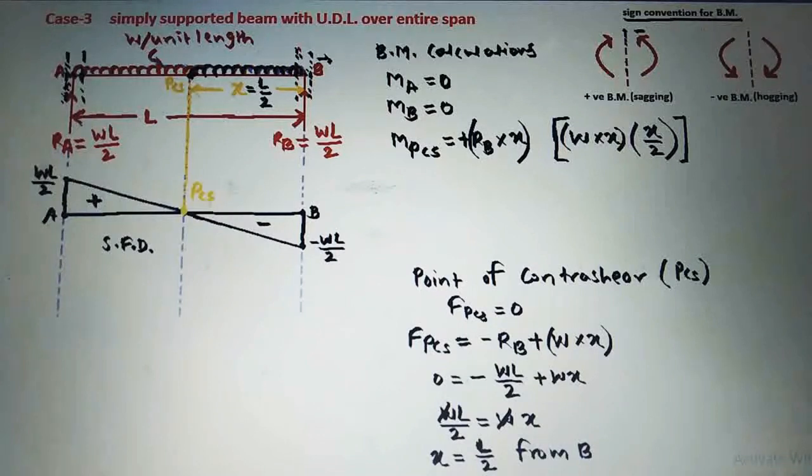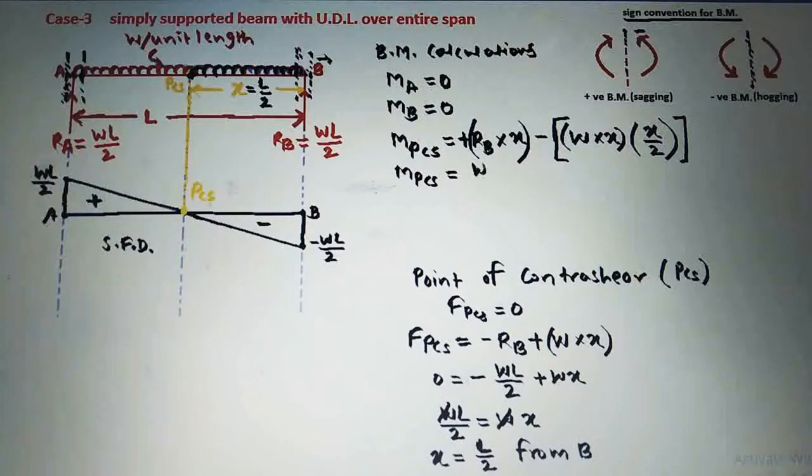So on the right side of a section, if the movement is clockwise, then the bending moment is negative. So it will be minus. Next we will write here the bending moment at point of contrast shear will be, what is RB?